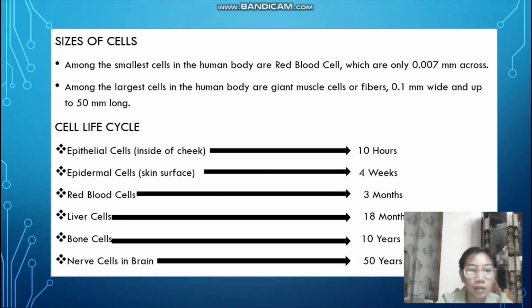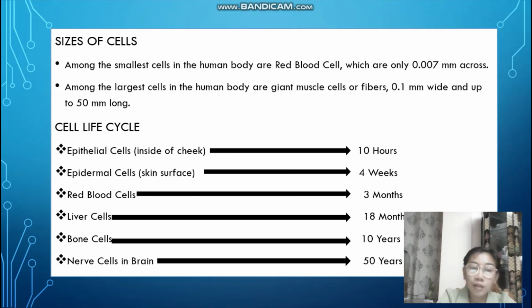Among the smallest cells in the human body, red blood cells are the smallest, which are only 0.007 millimeter across, while among the largest cells in the human body or living organisms are the giant muscle cells or fibers, which are 0.1 millimeter wide and up to 50 millimeters long.